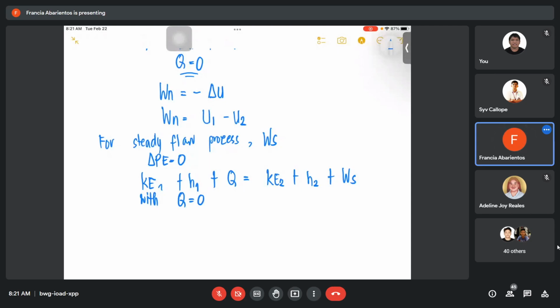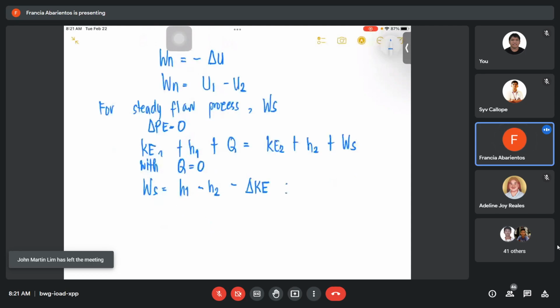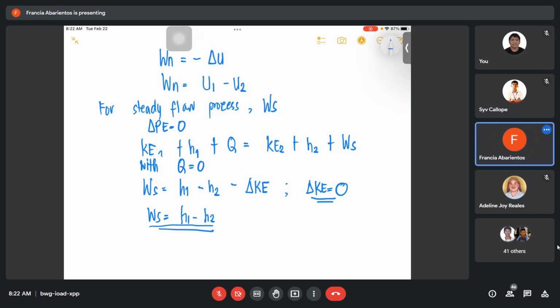With that, in adiabatic or isentropic process, our heat transfer is always equal to 0. Deriving the equation, we have now the work of the steady flow process: the enthalpy at point 1 minus the enthalpy at point 2 minus the change in kinetic energy. Hence, kung walang kinetic energy na given, na-assume mo siyang 0, kadalasan ang work ng steady flow natin in an isentropic or adiabatic process is equal to H1 minus H2. Yan. Okay? So, yan yung steady flow work natin.